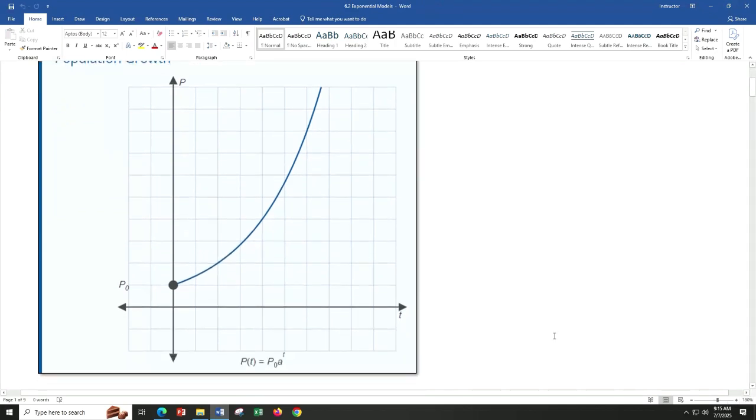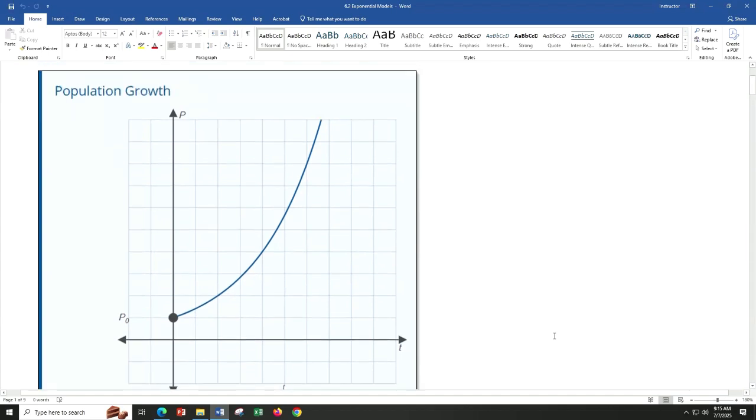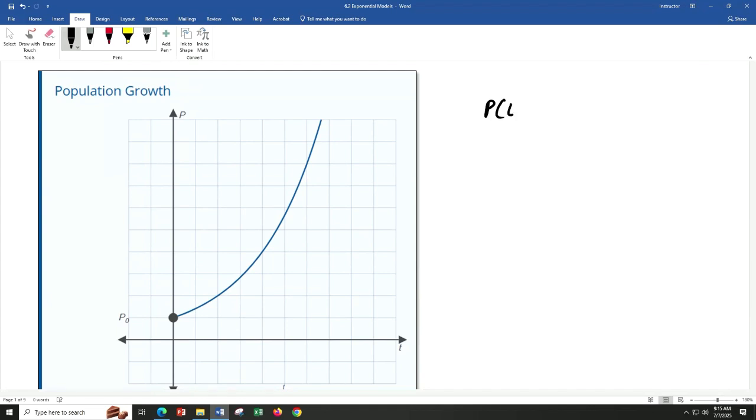They give you a little equation here at the bottom. I'm going to write it up a little bit bigger. Population growth is P of T equals P sub 0, A to the T. P of T being a function, right?